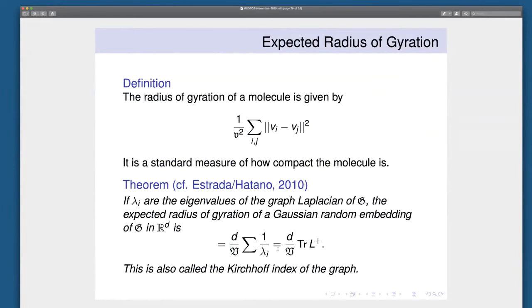And they get this same quantity computing basically the expectation of the energy if these are all springs. Okay, so now we know something very cool, that the average size of the molecule in solution is predictable by the trace of the pseudo-inverse of its graph Laplacian.